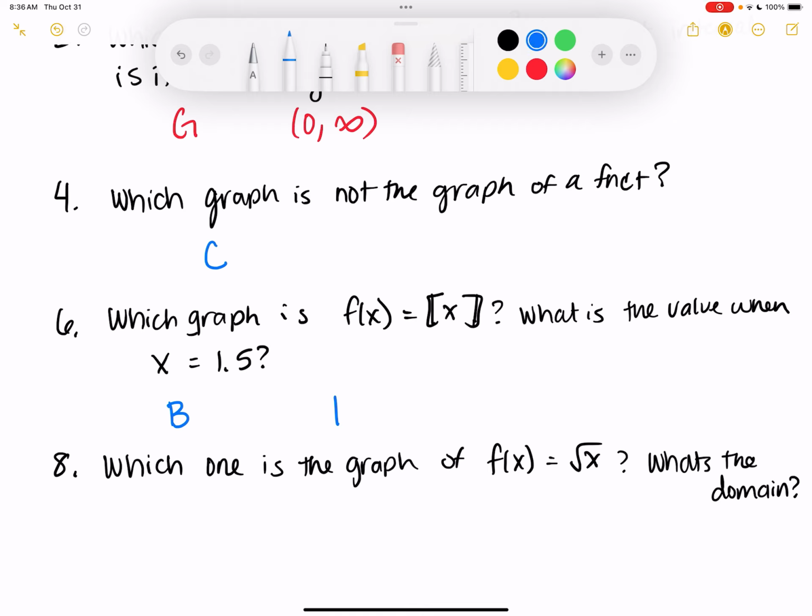Yep, D. And what x values does that graph take on? 0 to infinity. Yep, and we're including 0 because we can have 0 in the square root, so 0 to infinity, like that.